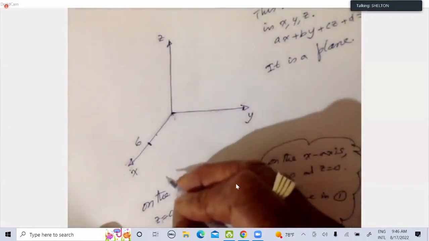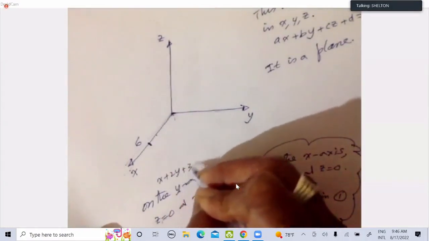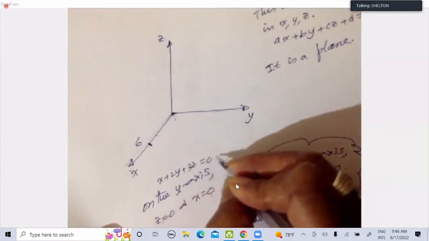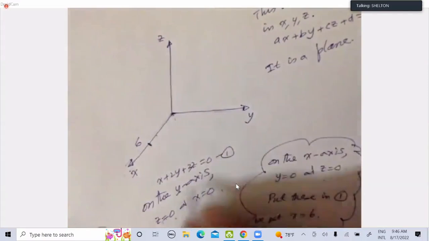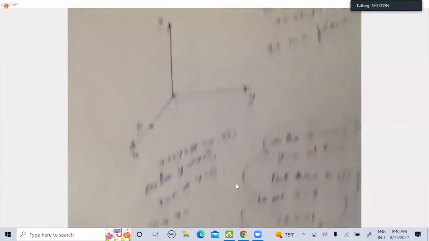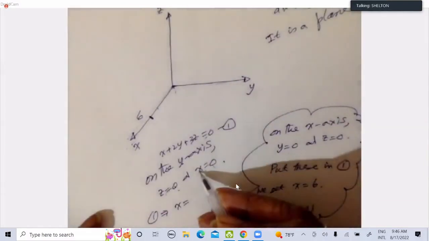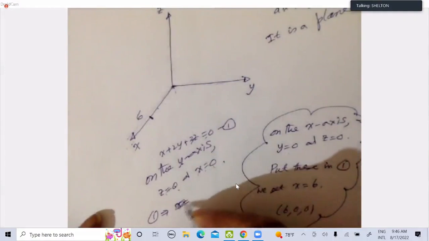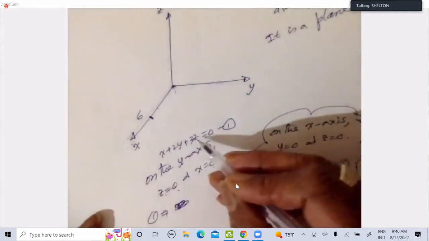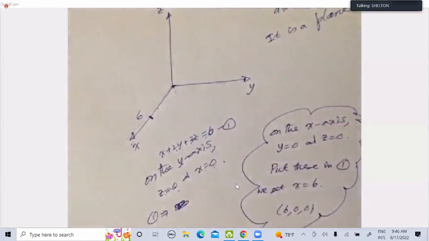What is my equation? The equation is x plus 2y plus 3z equal to 0. Now, put this in 1. If you put z equals 0 and x equals 0, 1 gives me x0, z0. 2y equals, not 0 here, 6.